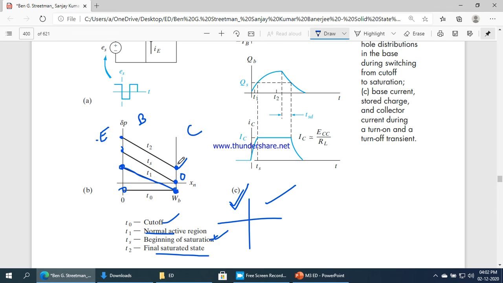When both junctions are forward biased, we call it the final saturation state. That is the on state, and this region we call the off state.